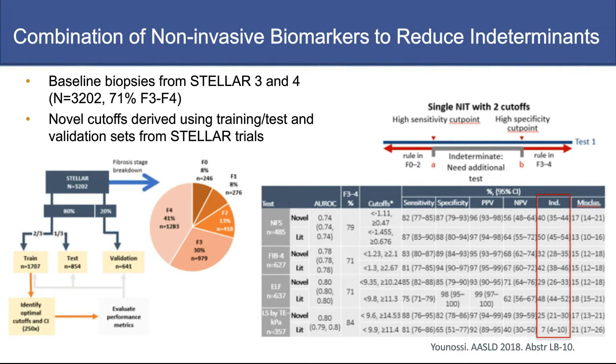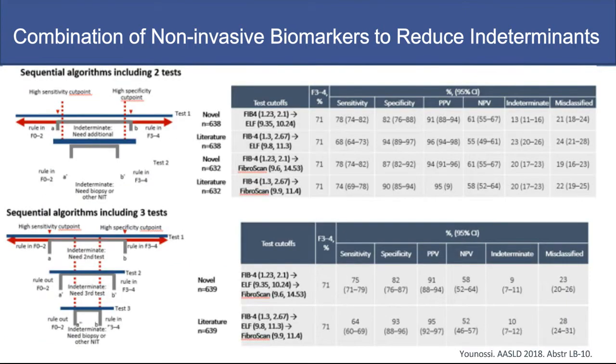On the other hand, if you have a two-step sequential approach of, say, FIB4 followed by ALF, or FIB4 followed by FibroScan or transient elastography, you can see that you actually reduce these indeterminate cases to 18 to 20%.